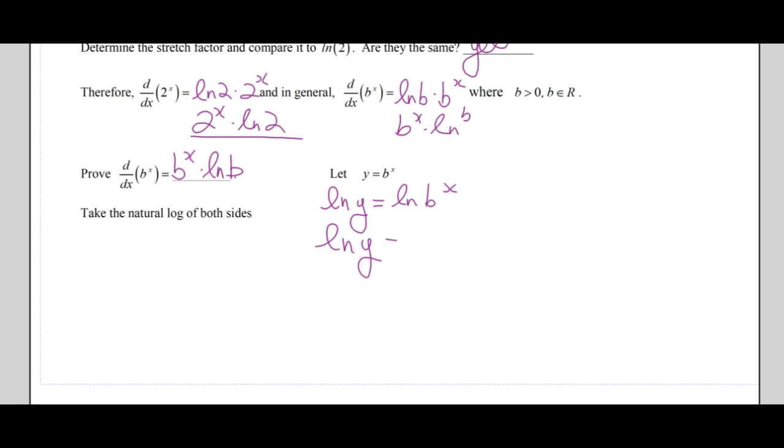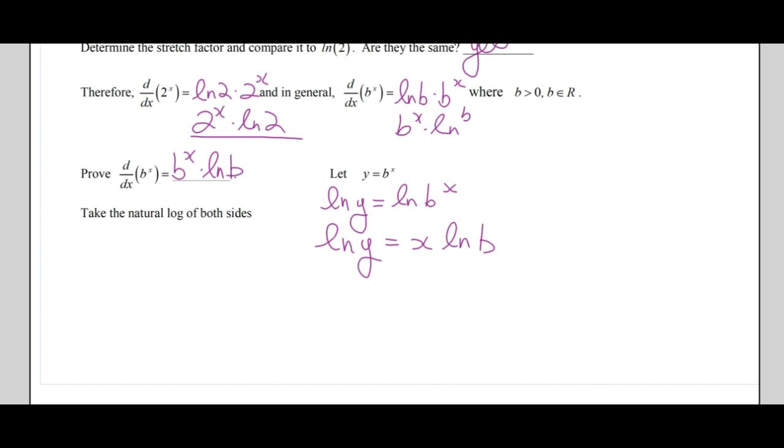Is it a law or is it a rule? So the ln of y is equal to x ln b, right? Why would you take log of both sides? Because I can take a power and just move it out front. Okay, so how's that help? What do we do? Divide out the ln?